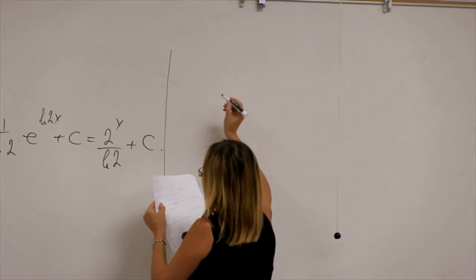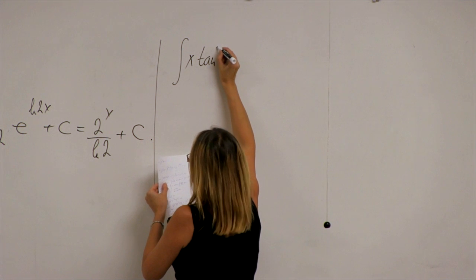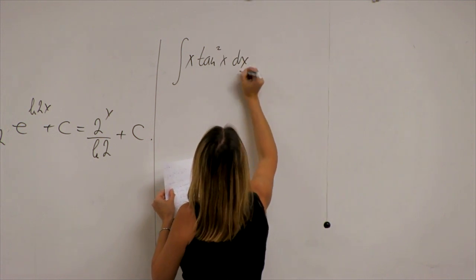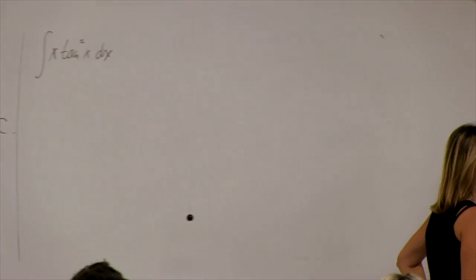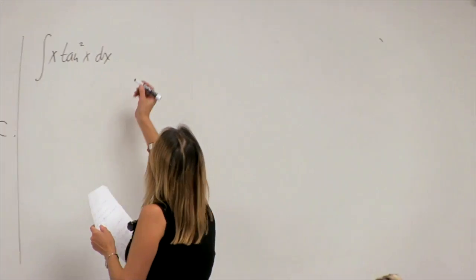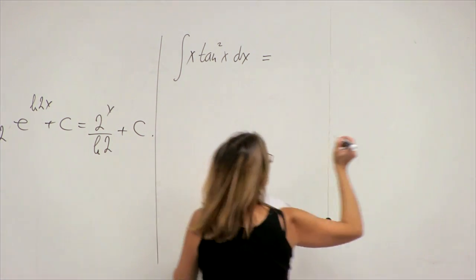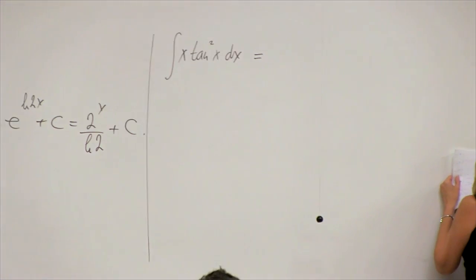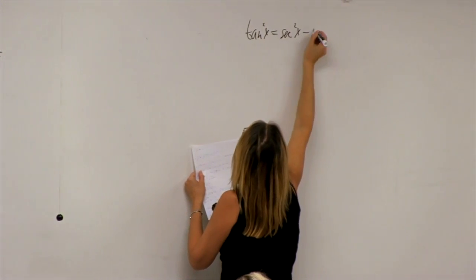Next, the integral of x tangent squared x dx. So you see this one, in this integral, we have an algebraic function meeting a trigonometric function. So the way we handle this one is we remember the identity: tangent squared x is secant squared x minus 1.